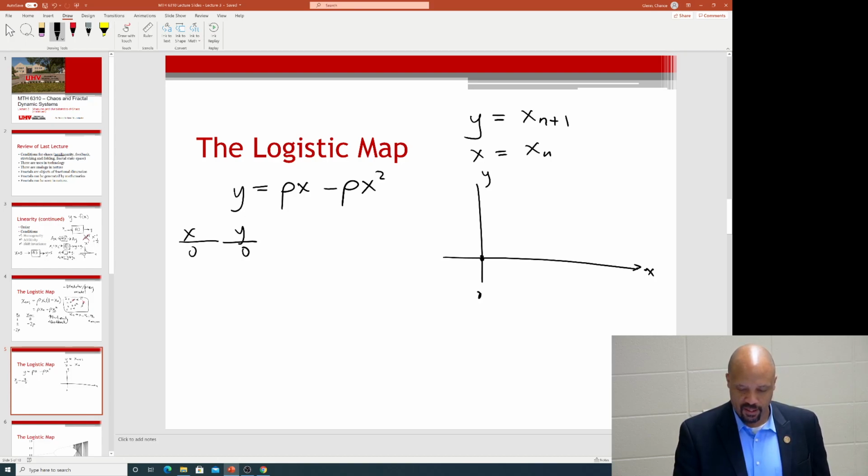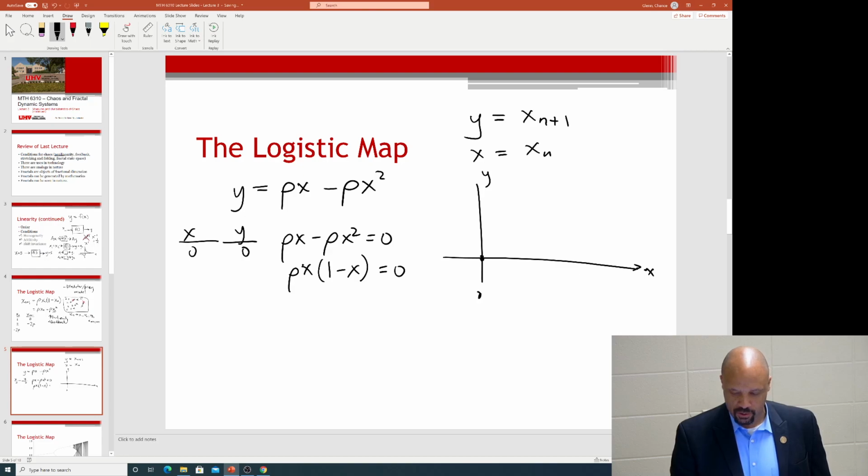So if we said rho x minus rho x squared equals 0, actually putting it in the form I had before is better. Let's just say rho x times 1 minus x equals 0.